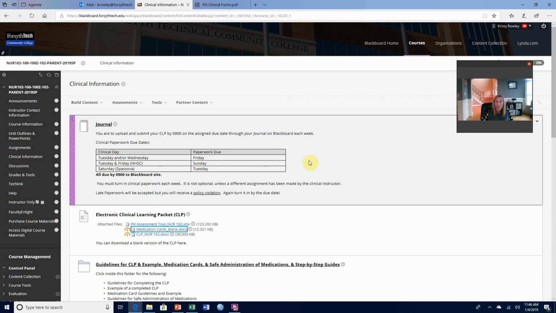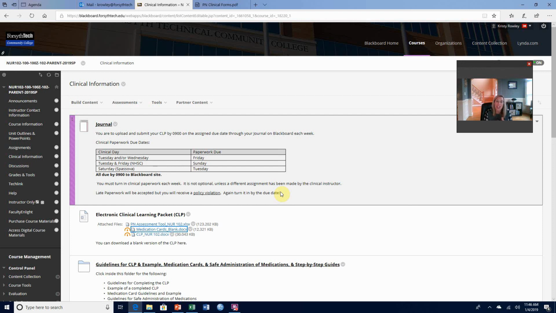If they're with Miss Vasova on Saturdays, which is at Oak Forest, their paperwork will be due on Tuesdays at 9 o'clock. If they do not turn in their paperwork by the due date, that is a policy violation. That does not mean, hey, I got a policy violation and now I don't have to do my paperwork. No, they still have to submit their paperwork, but it is also a policy violation.